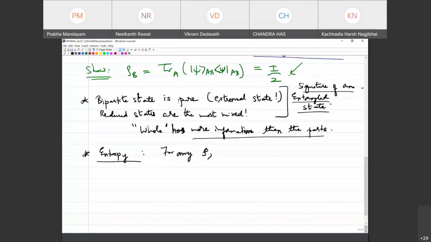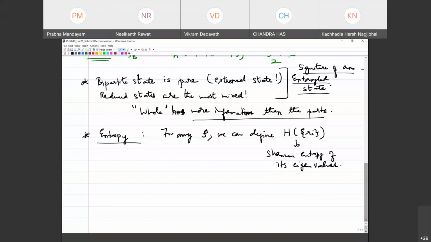Because a density matrix is always a diagonalizable matrix, we can define the associated Shannon entropy of its eigenvalues, right?